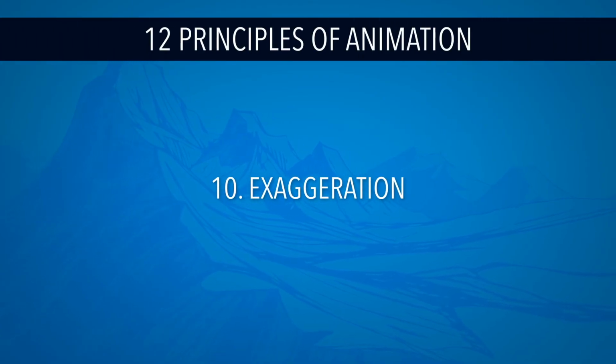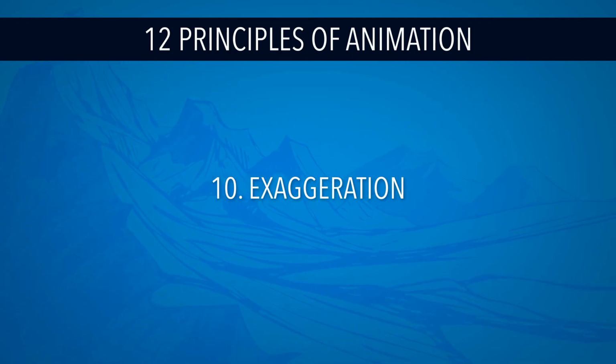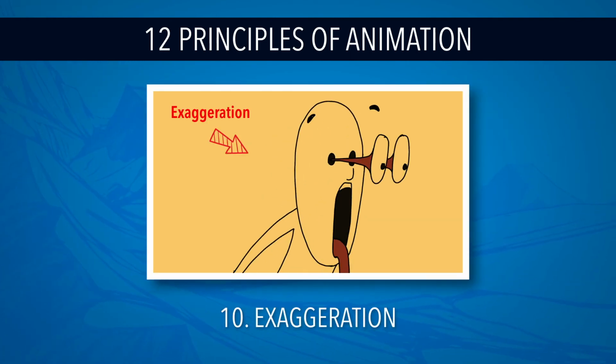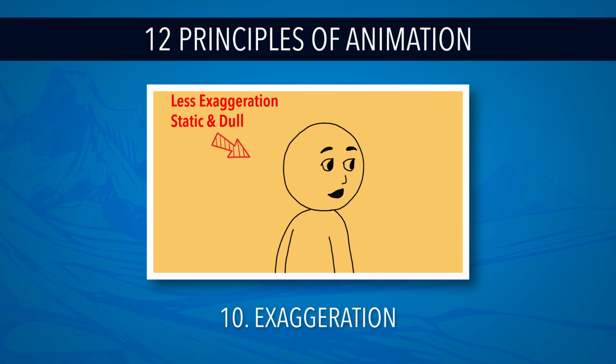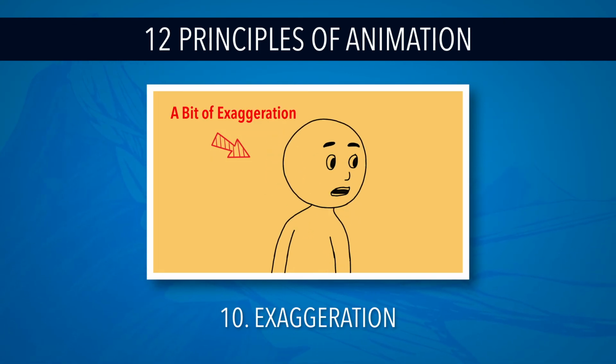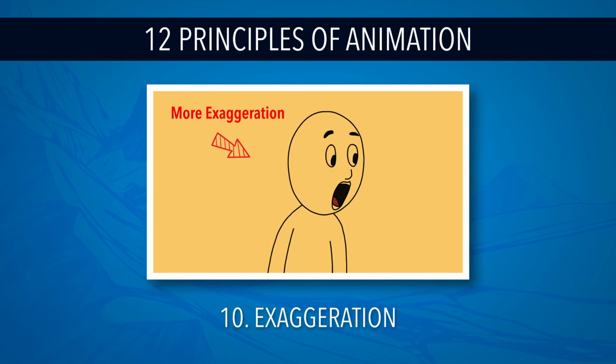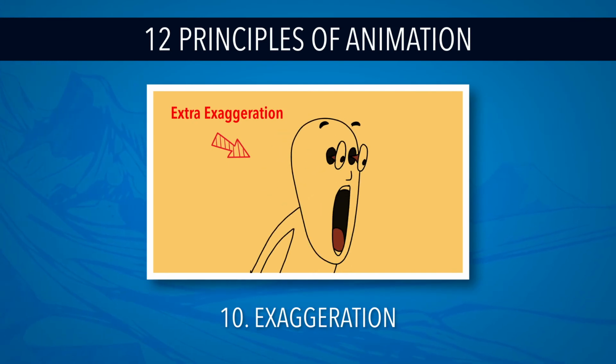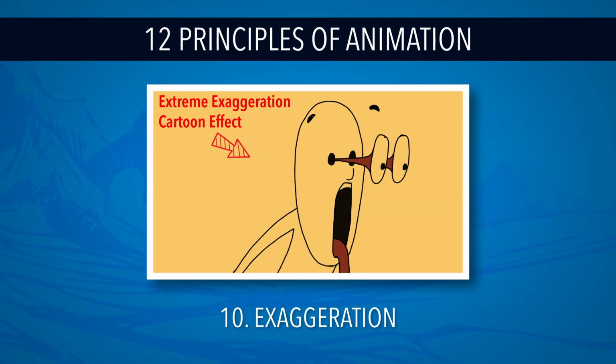Number 10, exaggeration. Exaggeration is an effect especially used for animation, as animated motions that strive to perfect imitation of reality can sometimes look very static and dull. The level of exaggeration depends on whether one seeks realism or a particular style, like a caricature or cartoon. The more exaggeration you use, the more cartoony it feels.